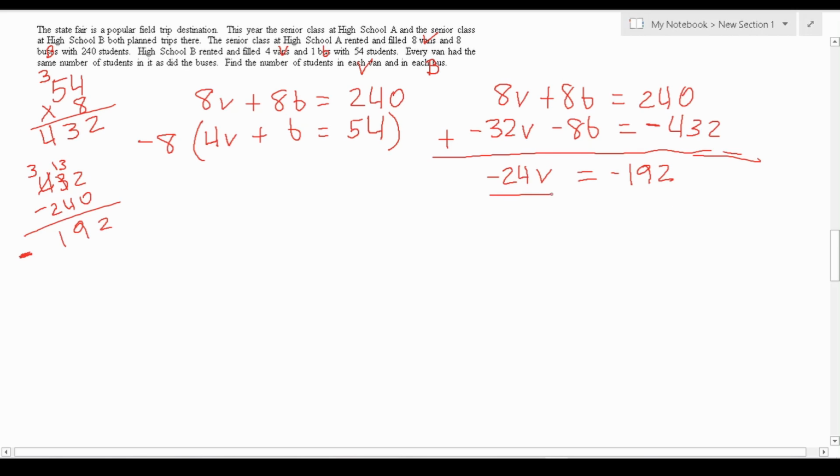So let's go ahead and divide both sides by negative 24. That's going to cross this out and leave us with v equals negative 192 divided by negative 24. A negative divided by a negative is going to be a positive, so we know that our answer is going to be positive.